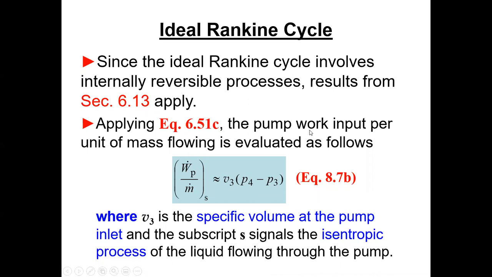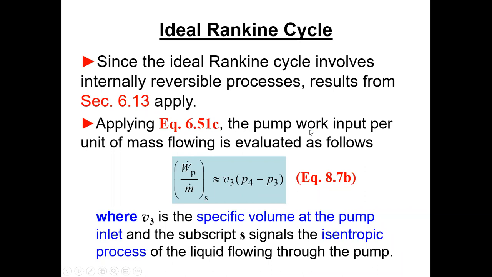And so you wind up with specific volume as a constant times the integral from, in this case, 3 to 4, because those are our subscripts, of dP. Well, integral of dP, I can integrate that. That just integrates into P evaluated at 4 minus 3.